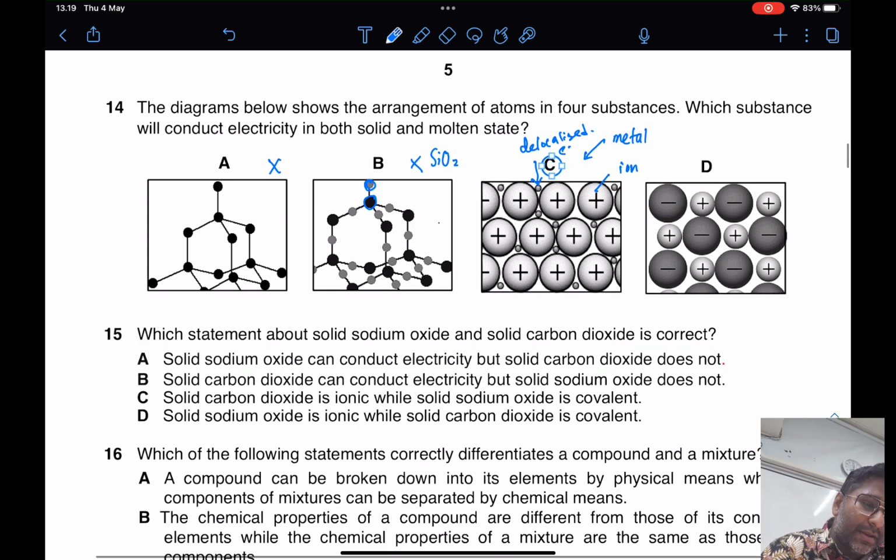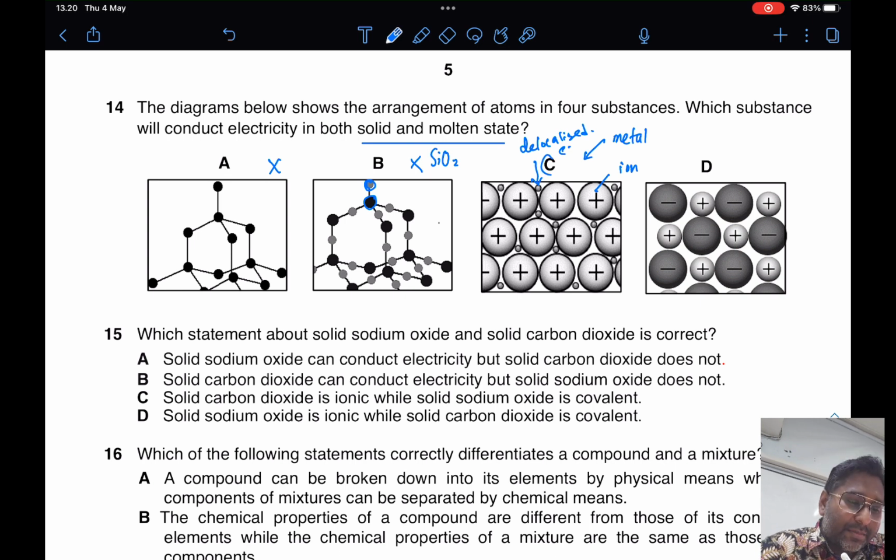But hold on first. They have mentioned in both solid and molten state. Metals can conduct electricity in solid form. In molten form also they can conduct electricity, because they have delocalized electrons. But here for D, this is an ionic compound.